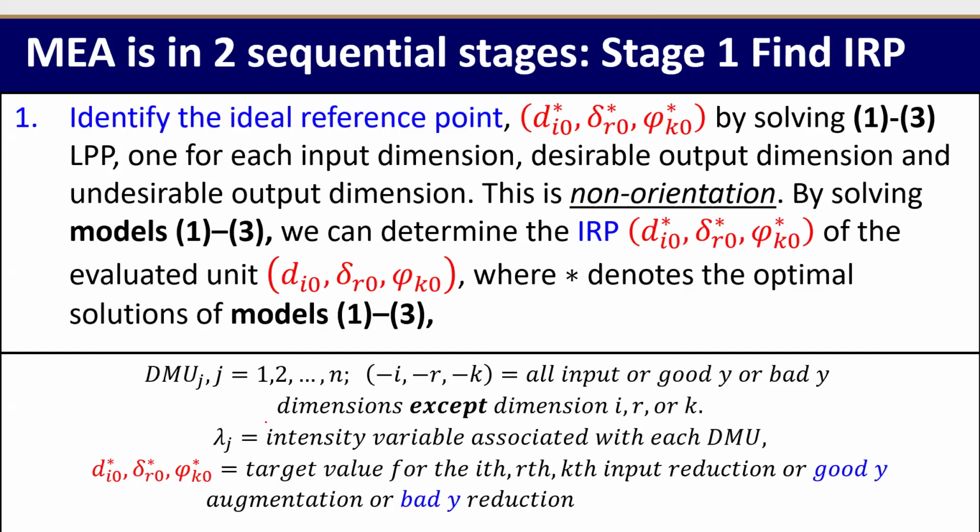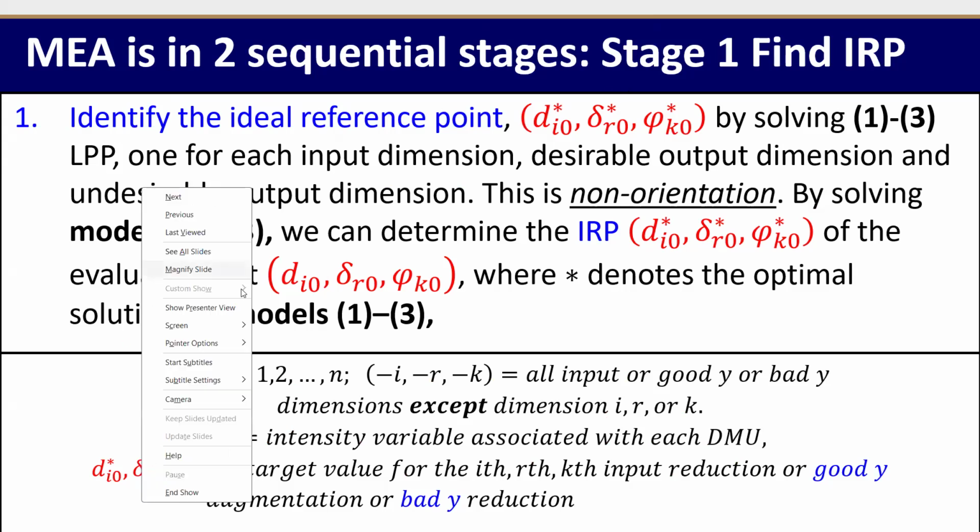What the MEA is going to do is identify the ideal reference point. Now, watch it. You're going to see the model right now. If you can understand the mathematics, because that is the hardest of all our lectures today. The ideal reference point is represented by D star. Guys, what do you think the D star stands for?